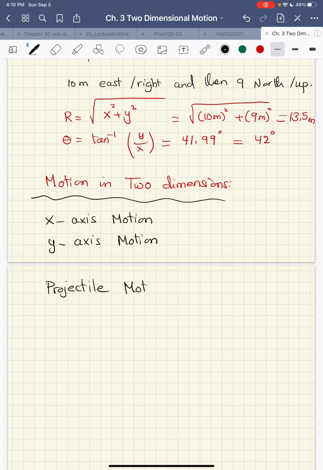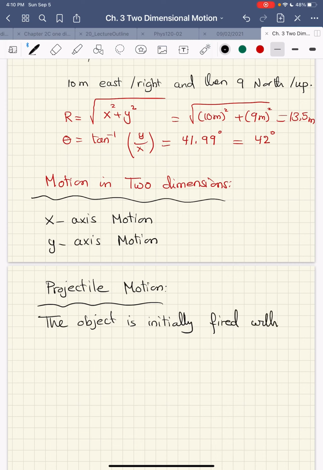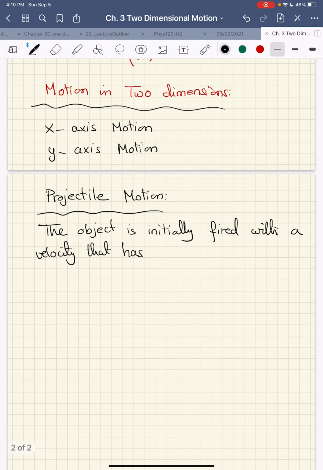Projectile motion is when the object is initially fired with a velocity that has a y and x component.